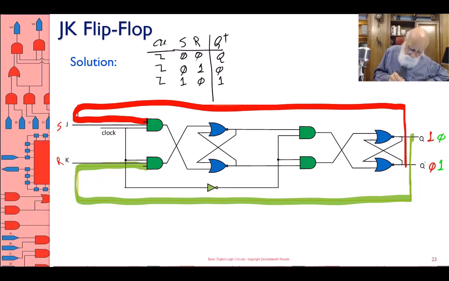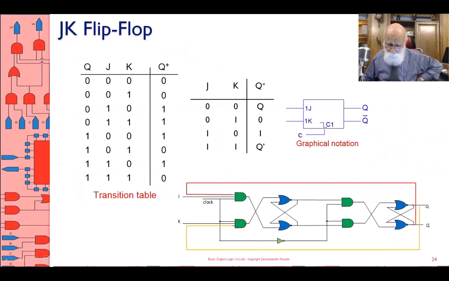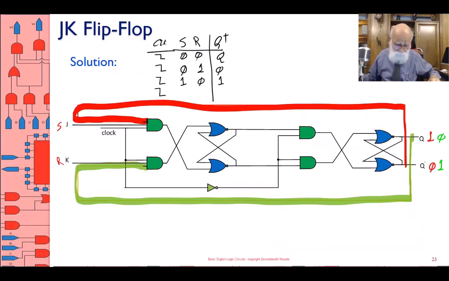Now, let's see what happens if my two inputs are 1, 1. S is 1, R is 1. And now I have this green and the red line here.